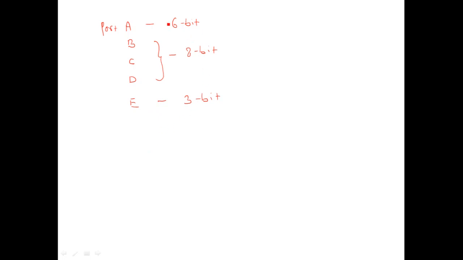So you can see that 6 plus 3, 9 plus 8. Actually, how many port pins will be there? So these are 6. This will require 6 pins. This will require total 24 pins, 8 into 3. And this is 3 pins.